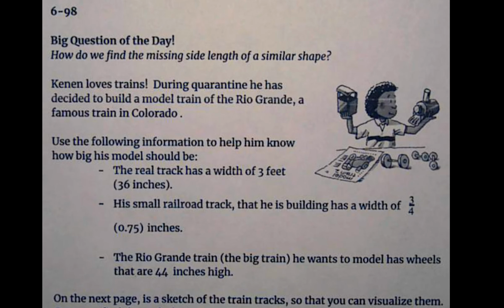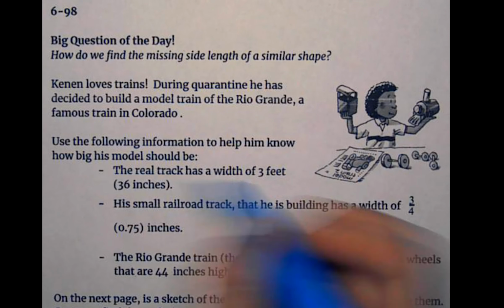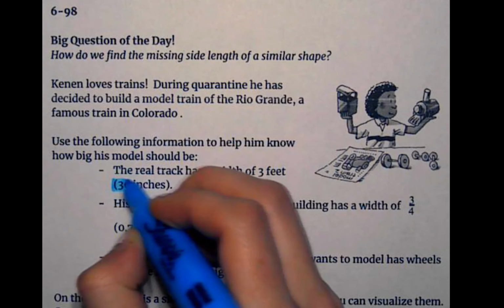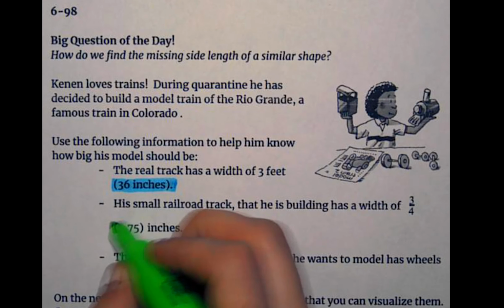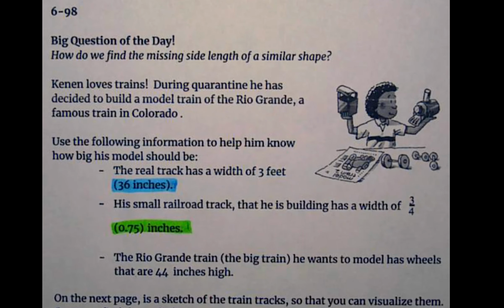Before we go and start to solve the problem, though, I want to go over with a highlighter which measurements are the big pieces and which measurements are the small pieces so that in our brains we can just keep them there. So the real track has a width of 36 inches, and the fake track, the small railroad track, has a length of 0.75 inches.